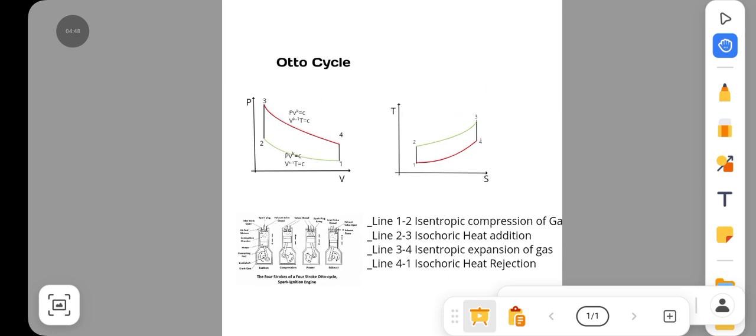Now, talking about our Otto cycle, we also need to know about the processes. There are different formulas you can use. From 1 to 2 we have isentropic compression. First of all, we need to know what our compression ratio is.